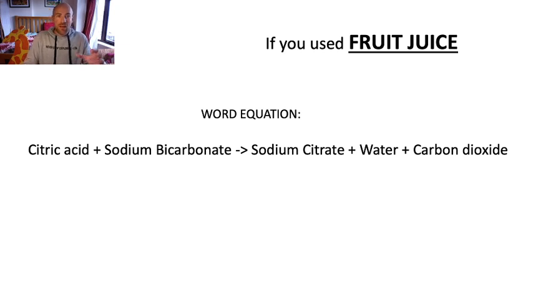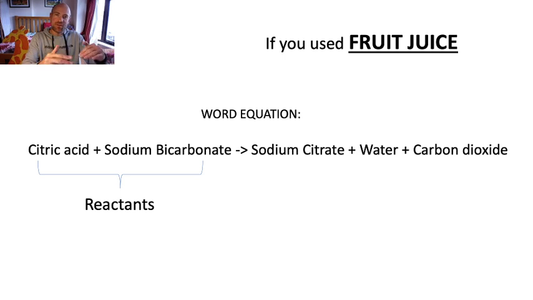So, word equation. In any chemical reaction, which is what you see when you see the bubbles happening, there's something going on. What is it? Well, you start with two or more reactants. So these are our reactants. Can you label citric acid and sodium bicarbonate as reactants on your sheet, please, now?